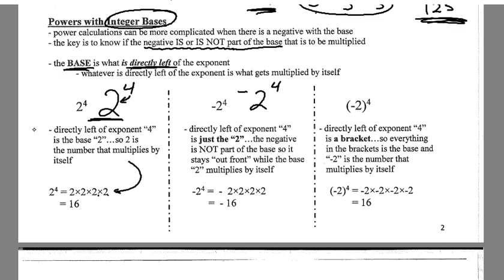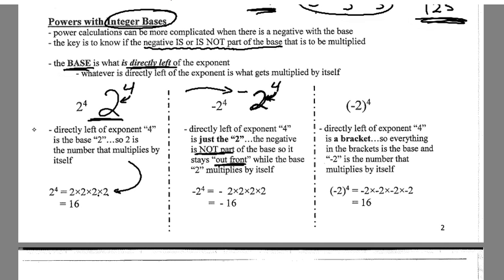Negative 2 to the 4. Here's where you have to start thinking a bit. What's directly to the left of the exponent 4? Well, directly left of the 4 is just the 2. That's the first thing we come across. This negative isn't part of the base. So the negative just stays out front. If the negative is not part of the base, keep it out front.